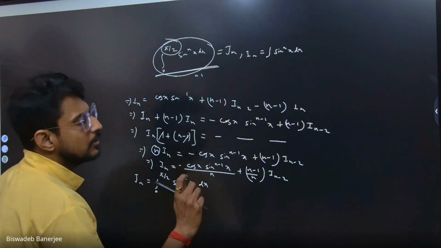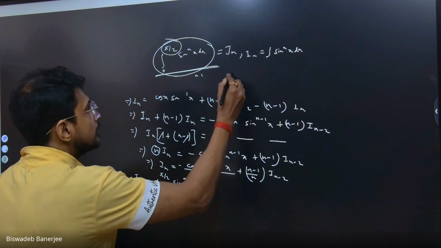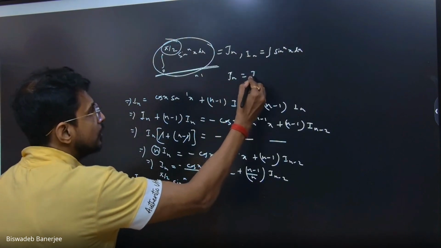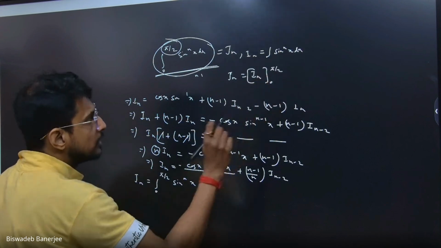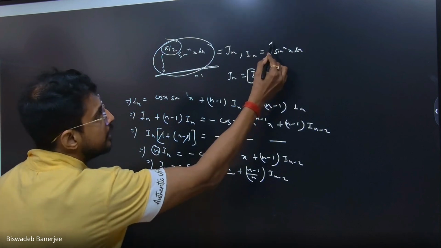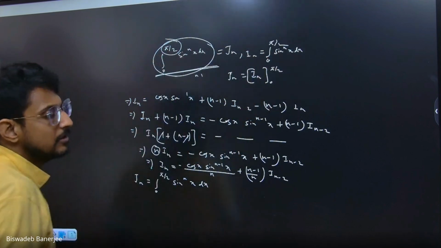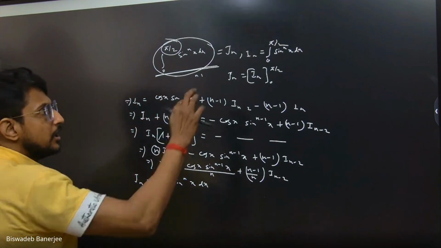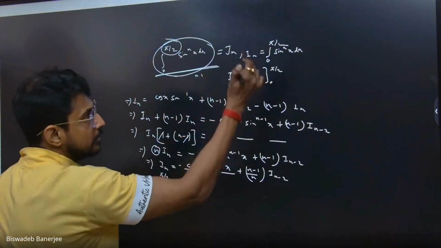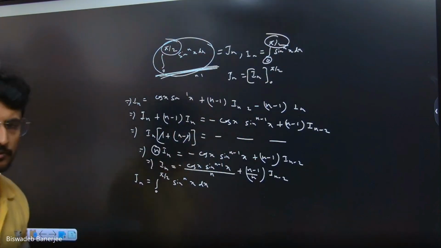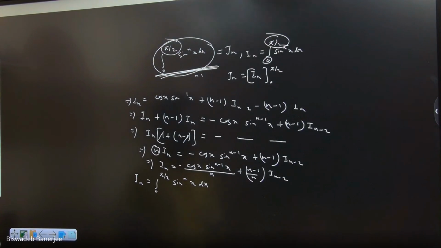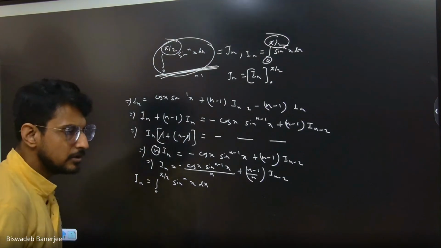The answer is, the relation is: Jn is equal to limit over In. Because if you put the limit over In, you shall get Jn. There is my Jn.